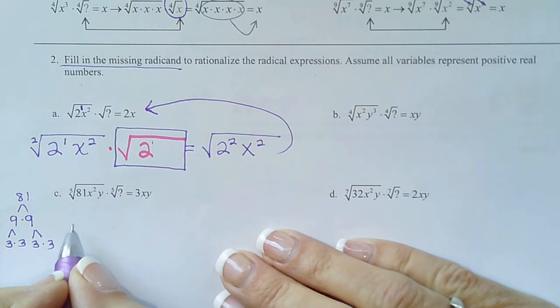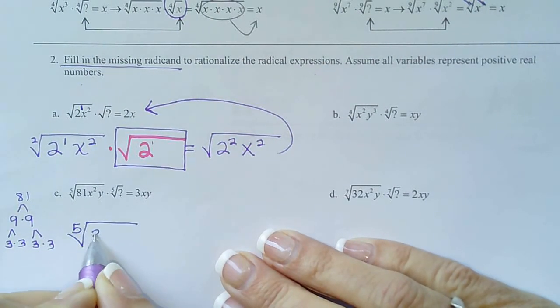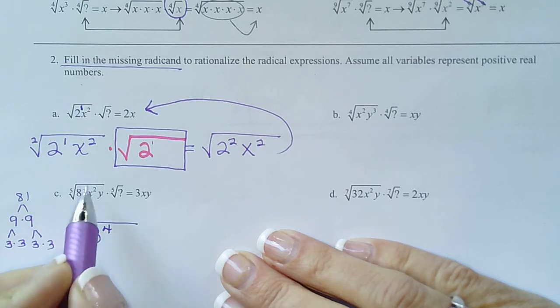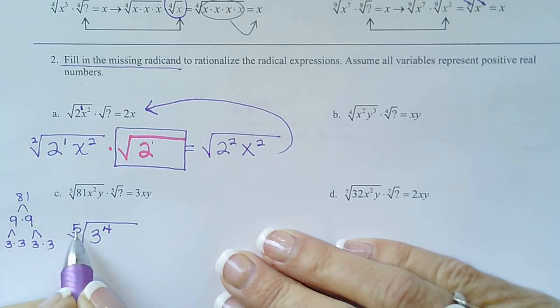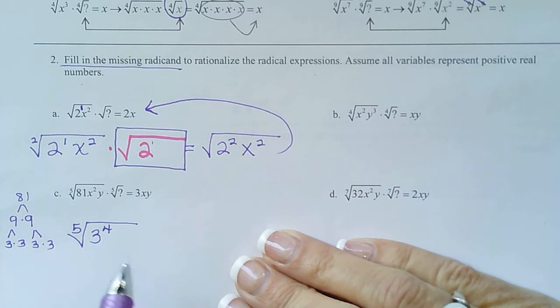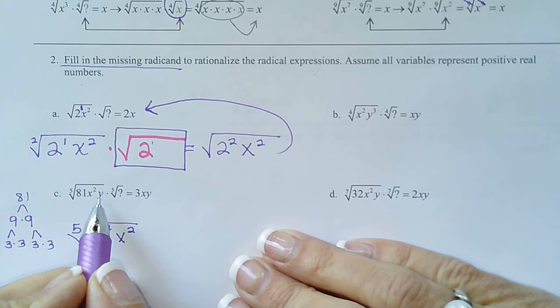And you're probably thinking, why is she doing that? Well, I need to know how many I'm missing, so I have to know how many I have. So don't make it 81 to the first. We always break numbers down using the trees. So I can see I'm missing 1 3, right? And then I have 2 x's. And I have a single y.